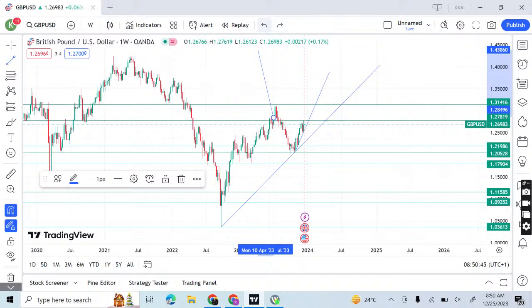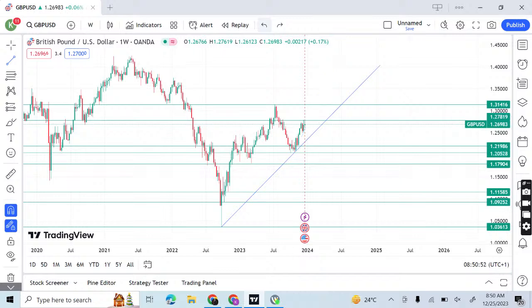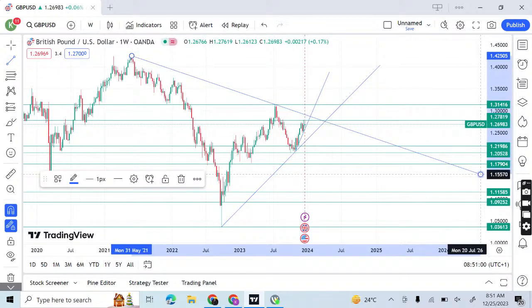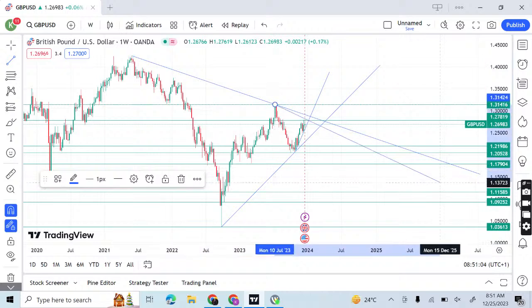Sorry, I made a little bit of mistake there, so I'm going to draw it again. Then I'm going to take this one from here. So those are the trend lines that we're taking from the 1 week time frame.